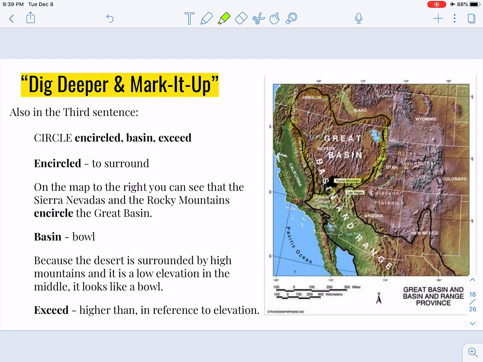And in between, we have all of this desert area. Now, if we were to look at this map really closely and with a little more clarity, this is kind of a fuzzy map, we would be able to see that these mountains are a lot taller than where we have our elevation in the middle.